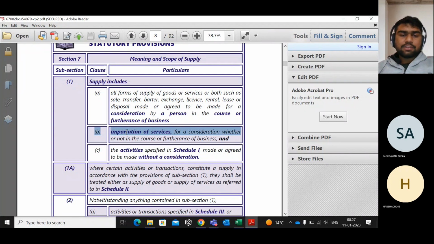What is the relevance of this import of services for the consideration whether or not in the course or furtherance of business?